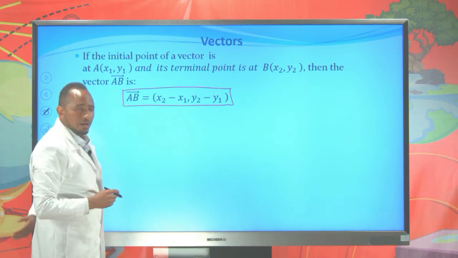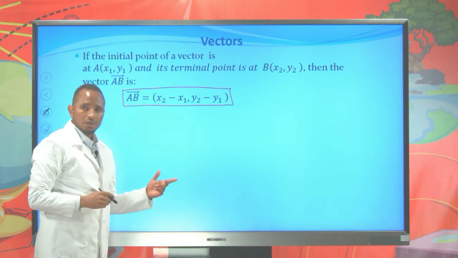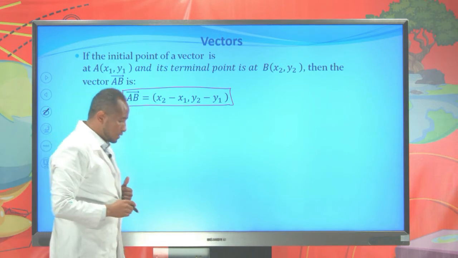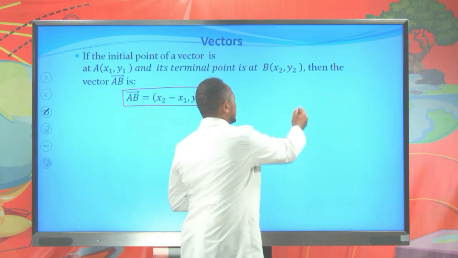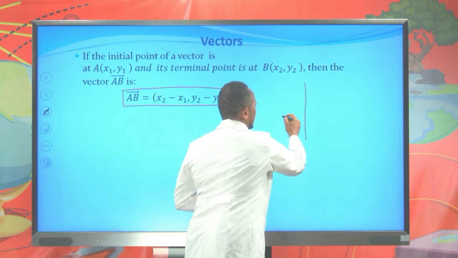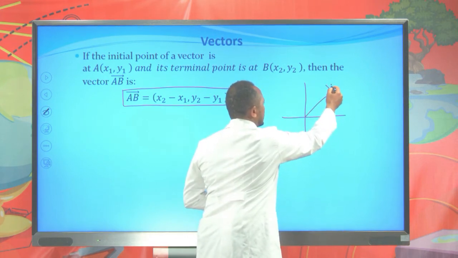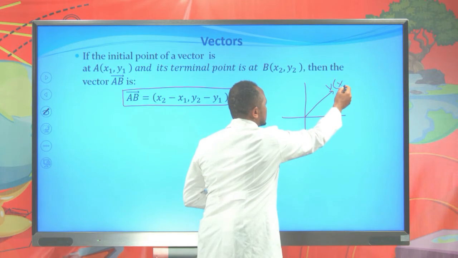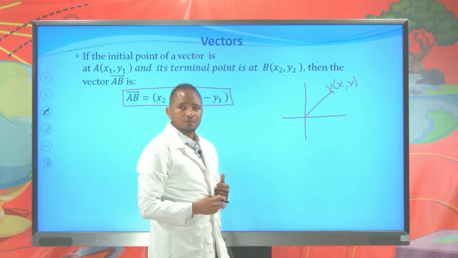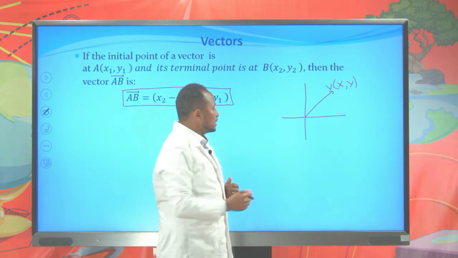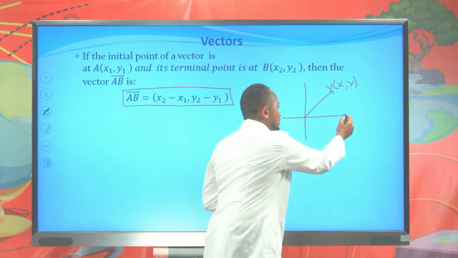I can write this using a unit vector representation. If we have a vector v whose coordinate is x, y, to write this in unit vector representation, you know what a unit vector is.